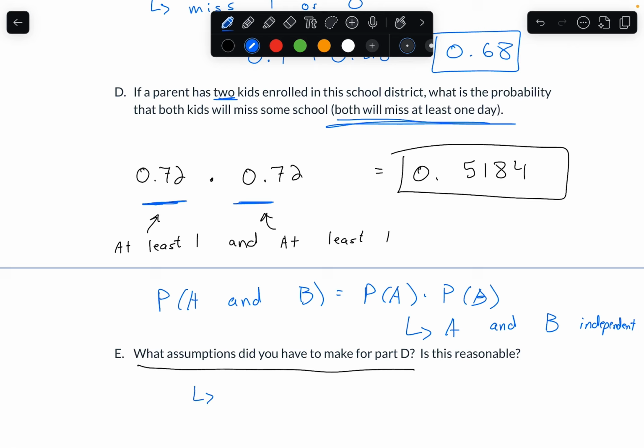So we assumed that the 2 kids getting sick or not sick, or let's say missing school, I'm thinking about missing school as getting sick, are independent. That was the assumption that we made.